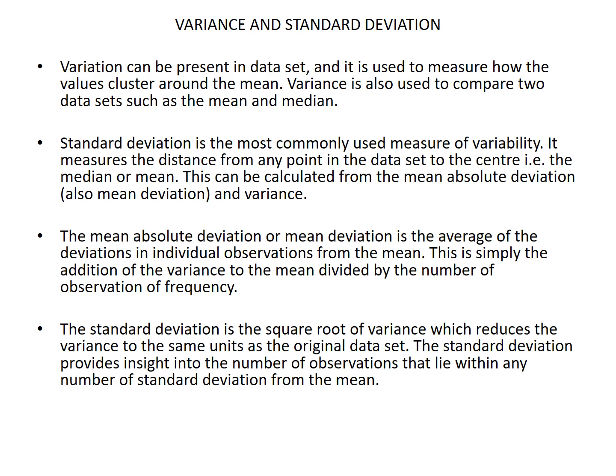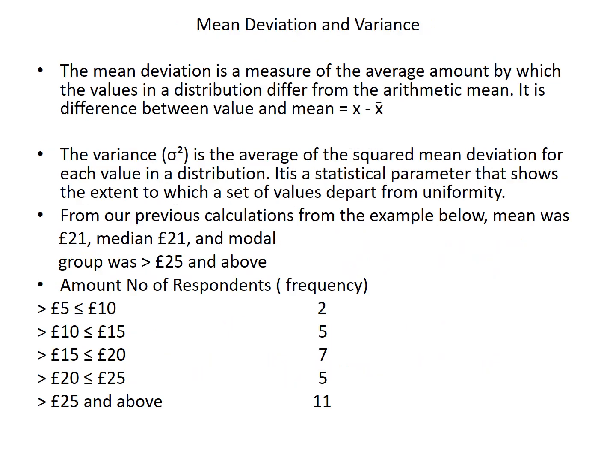Okay, so hope that has reinforced it. Now, mean, deviation and variance. Again, we looked at this. We went straight into it before. So you calculate the mean. You calculate the midpoints. Once you've done the midpoints, you take the midpoint, which is x, times f, the frequency, and you also take the total of f times x.